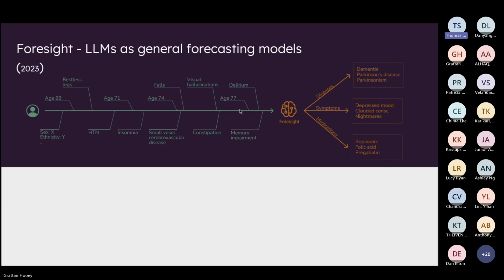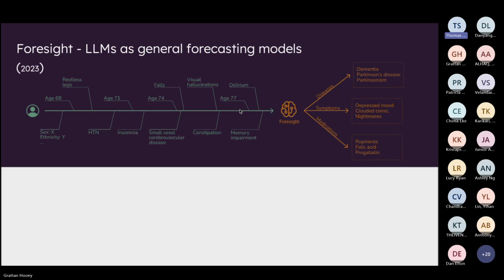And so what we did at King's College Hospital and South London and the Maudsley was take all of this deep phenotyping information that we'd created by structuring the record and feed it into one of these large language model type architectures, a transformer-based architecture.